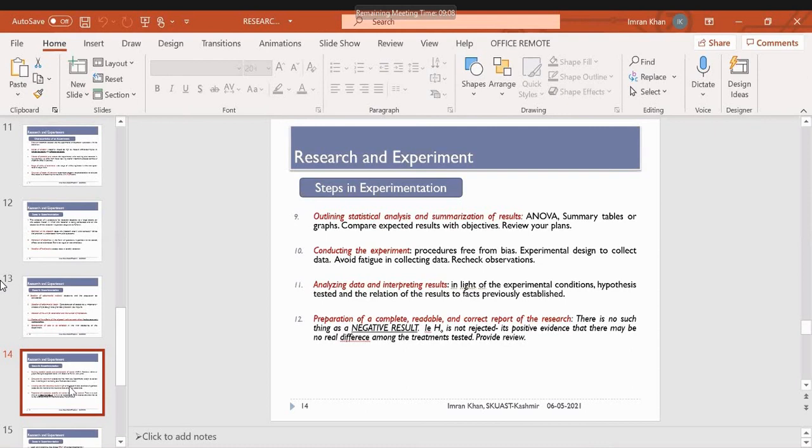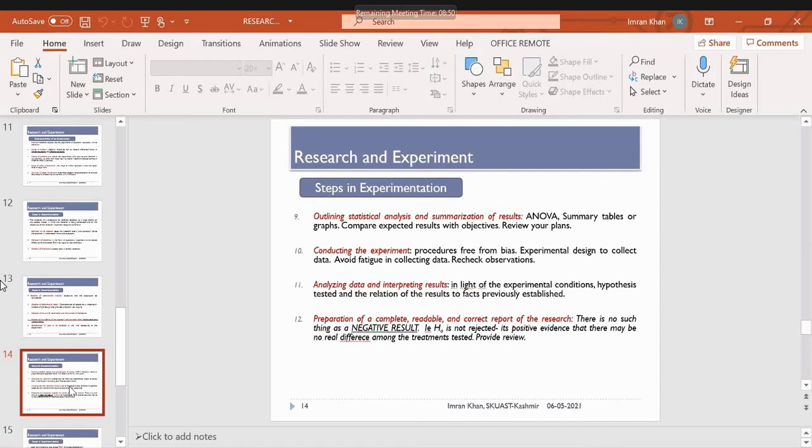So for analysis, we have ANOVA. ANOVA is a short form for analysis of variance. We have summary tables or graphs. Once you have results with you, you need to compare the expected results with the objectives and review your plans.